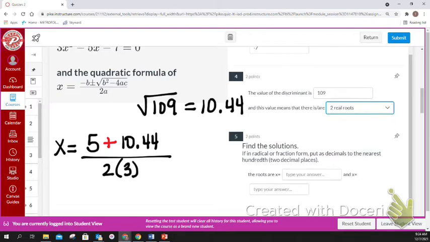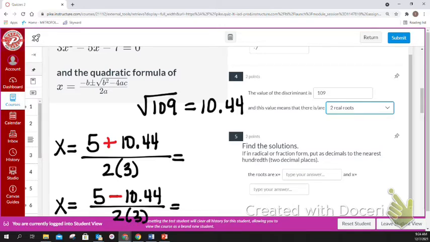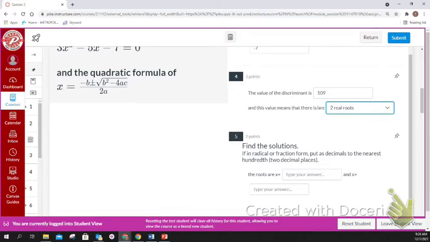Go ahead, type that in your calculator. And that is going to give you your 2 solutions. All right, so you can go ahead and finish that one.